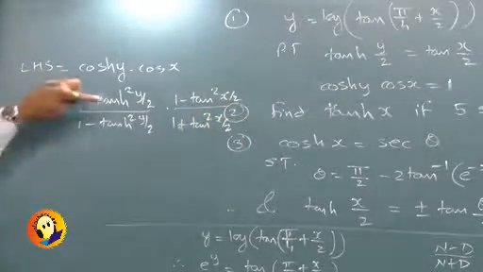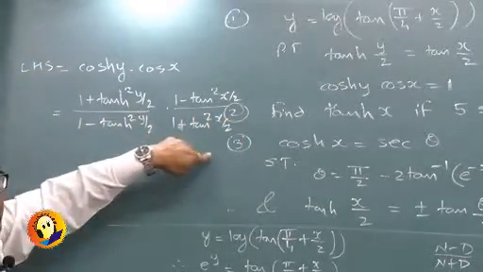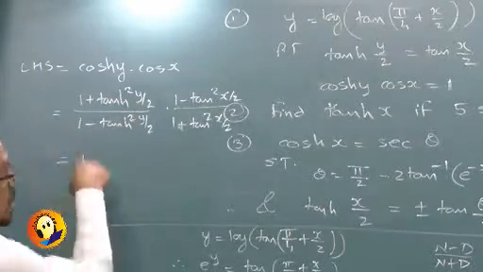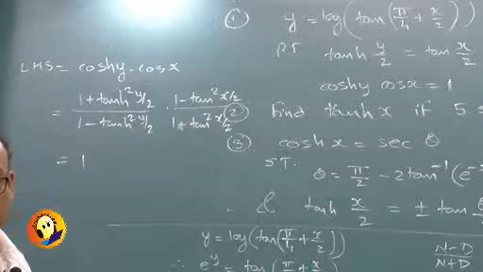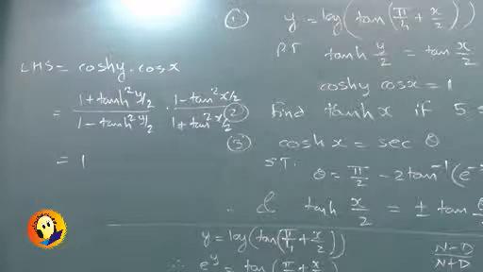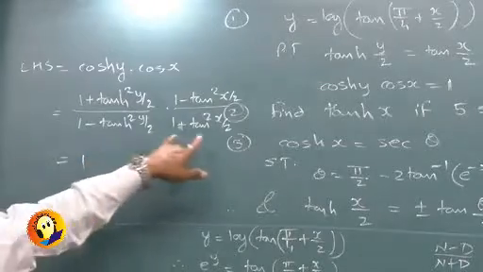But tan y by 2 is tan x by 2. So this cancels, equal to 1. Just formula based. These formulae we have written yesterday at the end.